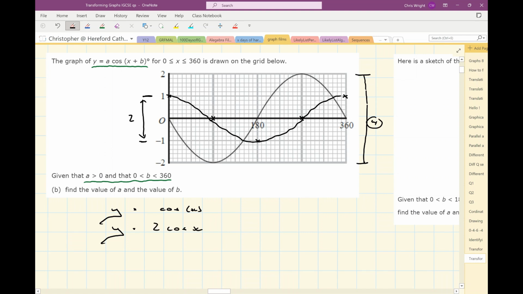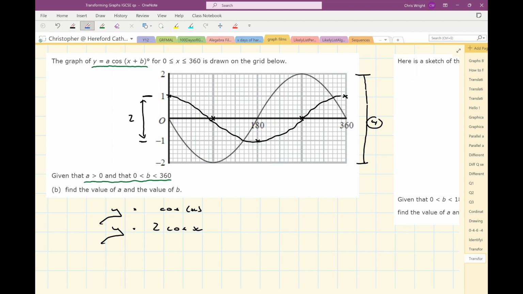So by looking at the spread of the curve, I can work out how many times greater the curve is. I can work out the value of a. I can work out to what extent the curve has been stretched in the y direction. In this case, the curve has been stretched by a factor of 2 in the y direction.